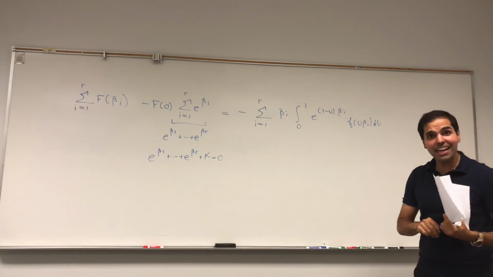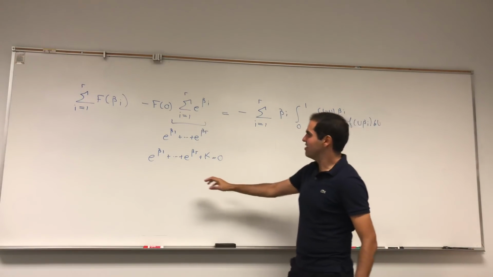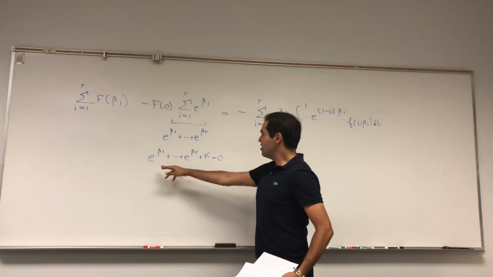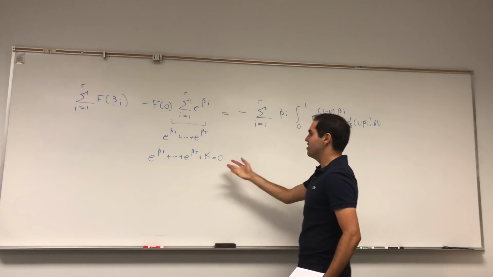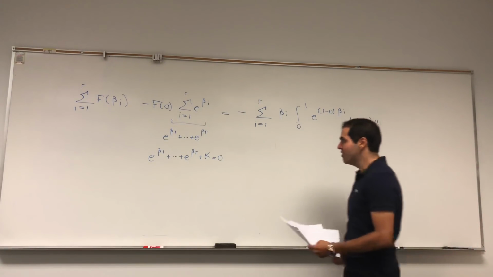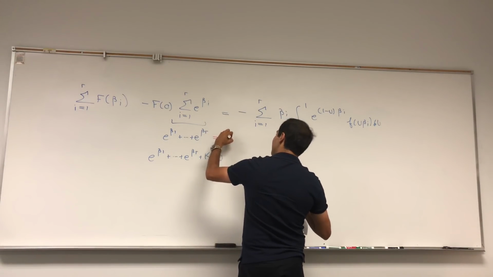Because remember, the beta i's, they're just like the alpha i's and the sums, except they're non-zero. So our original equation with the exponentials was just e^{beta 1}, etc., plus e^{beta r} plus k equals 0. So this huge sum is nothing else than minus k.